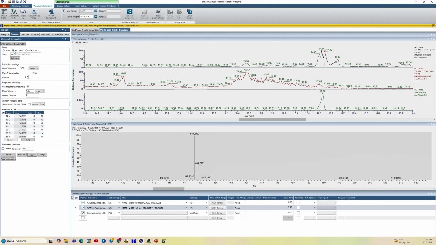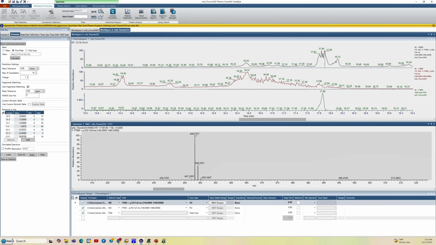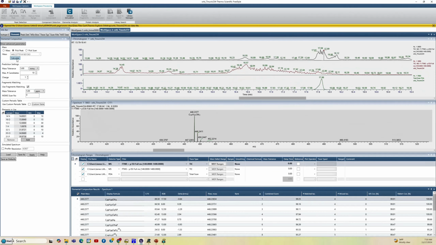And we'll put it in peak picking mode and go to pick our peak. So we pick the 448.2377. It puts it up in the window up here, so you can see it transferred it into this window. And now we set up our different elements we want that are reasonable and say calculate.